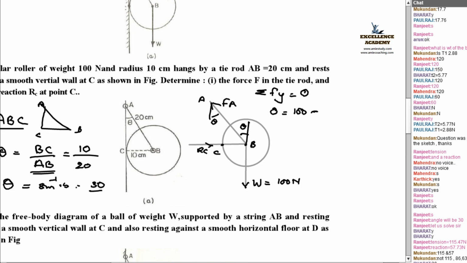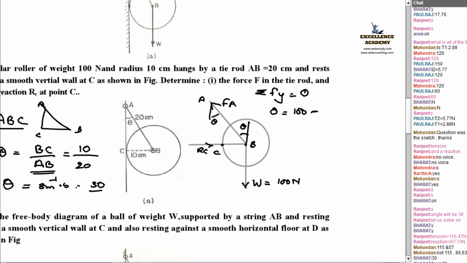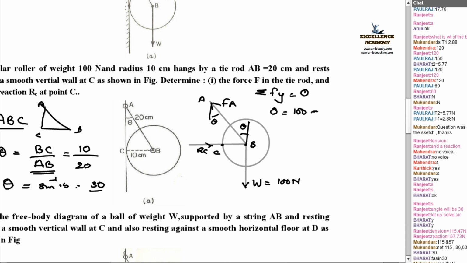How can I write the upward force? Shall I write FA sine theta? FA sine theta. Is it okay? FA sine theta means it comes over here. Am I right?